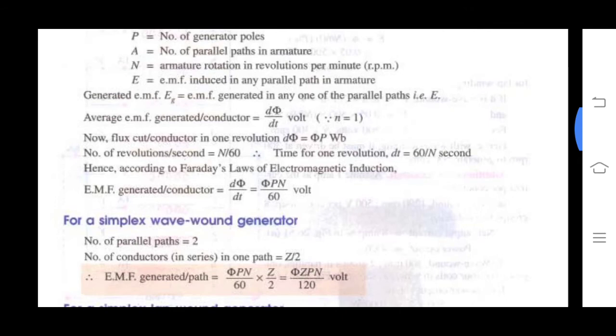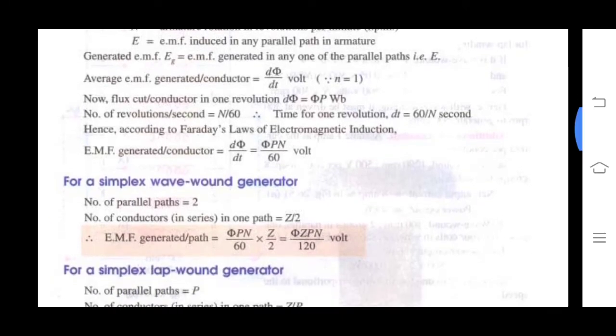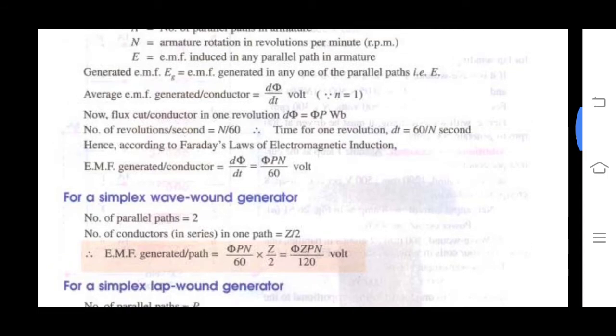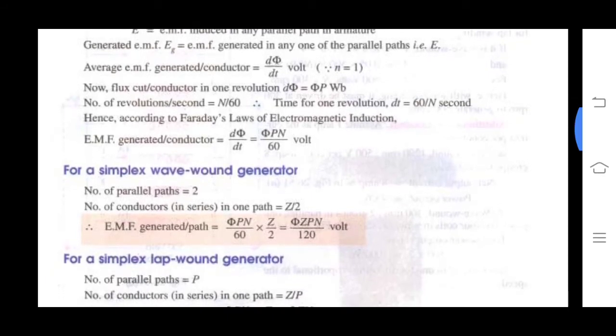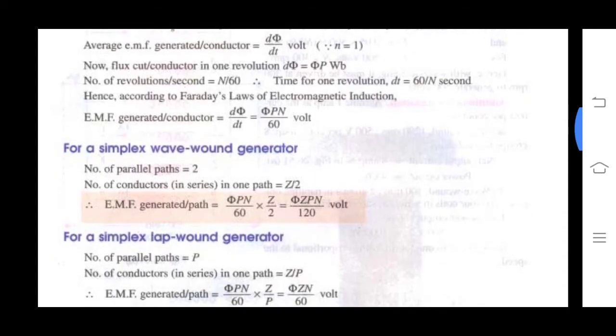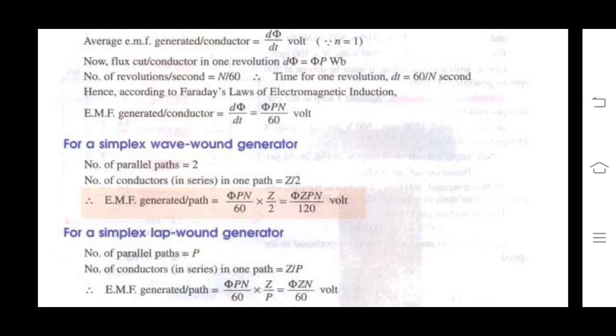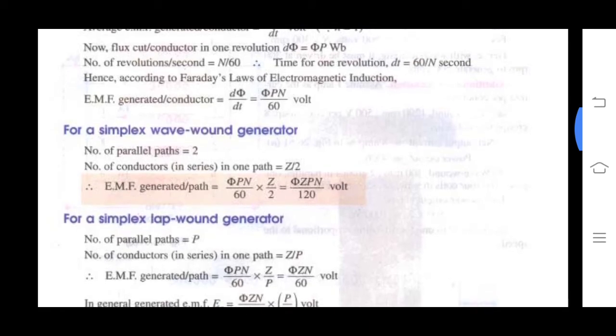Generated EMF is equal to the EMF generated in any one of the parallel paths, that is E. Average EMF generated per conductor is equal to dΦ by dt in volts, with n equal to 1. Flux cut per conductor in one revolution, dΦ, equals ΦP webers.